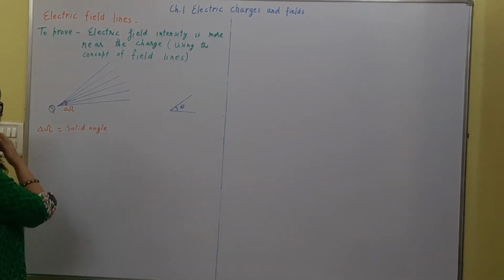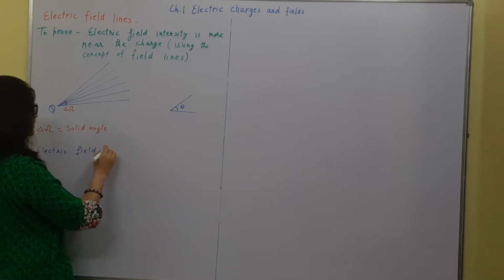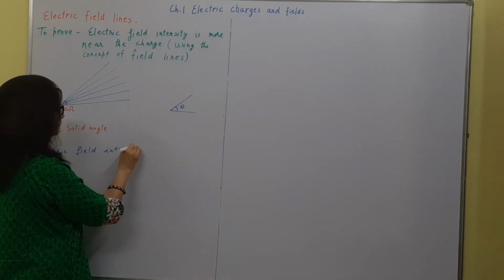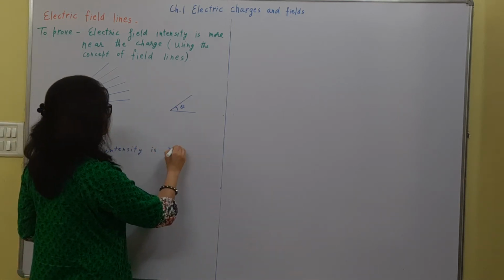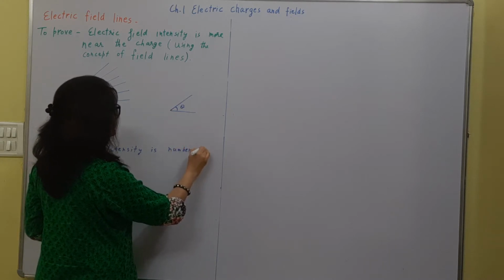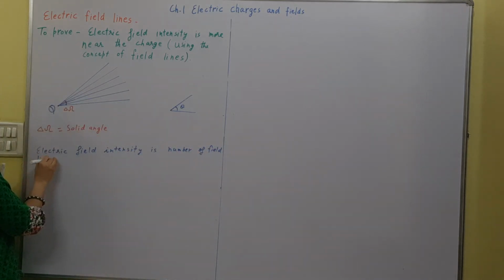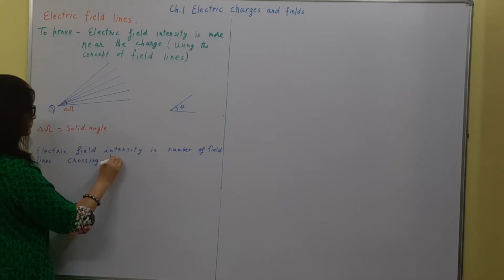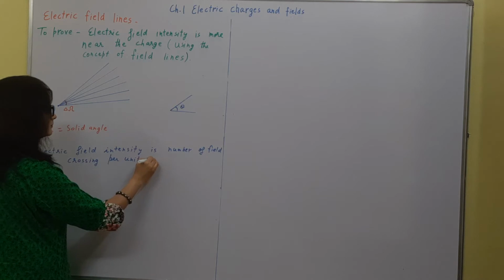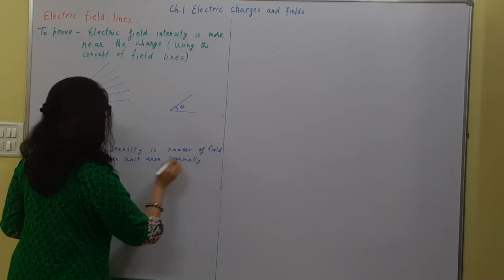So we can also say that electric field intensity is the number of field lines crossing per unit area normally through a region.